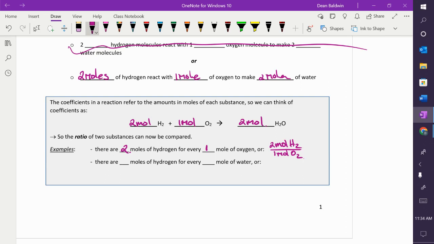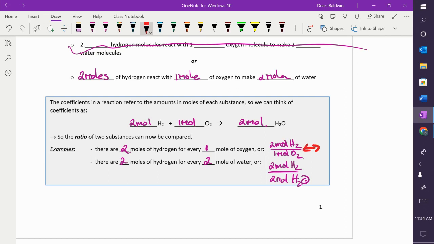And there's also 2 moles of hydrogen, H2, for every how many moles of water? 2 moles of water right there. So you can write 2 moles of H2 is 2 moles of water. And you can also flip those ratios, just like we did in the other one.